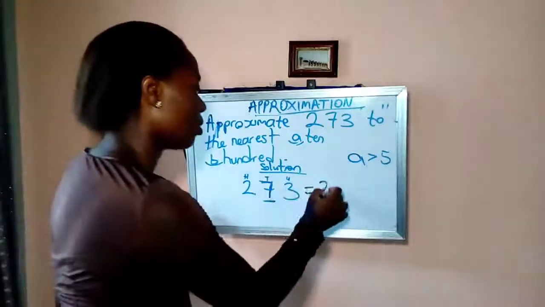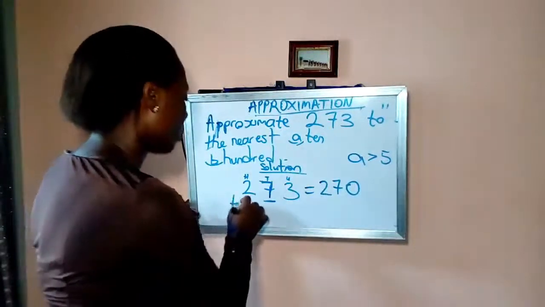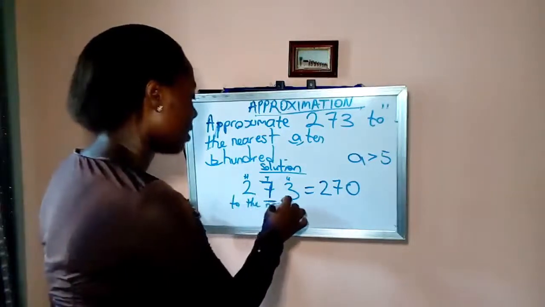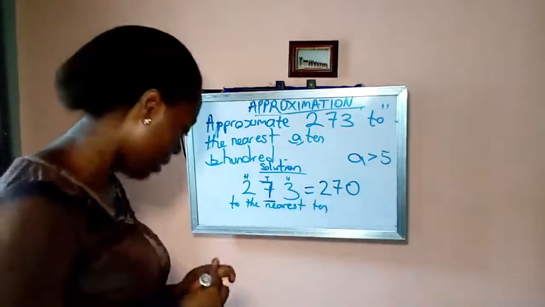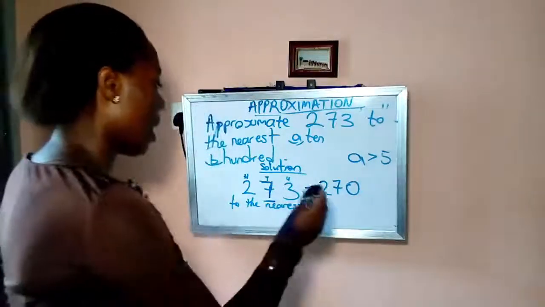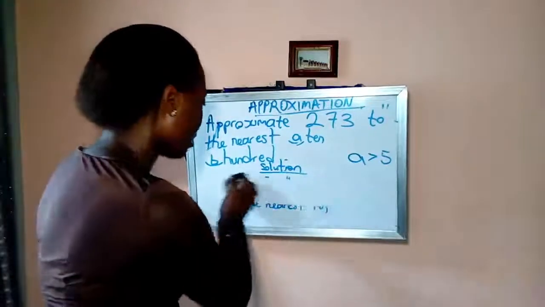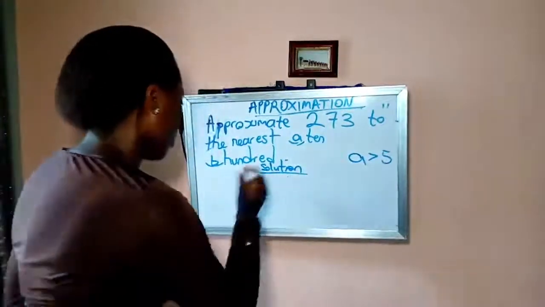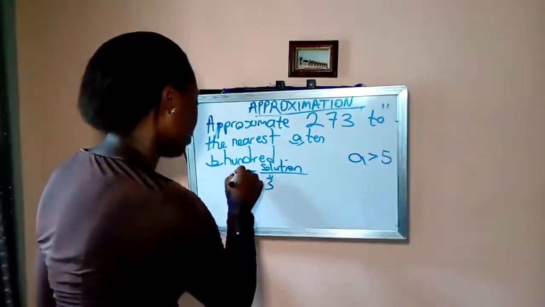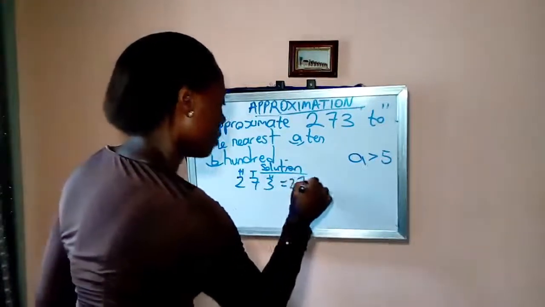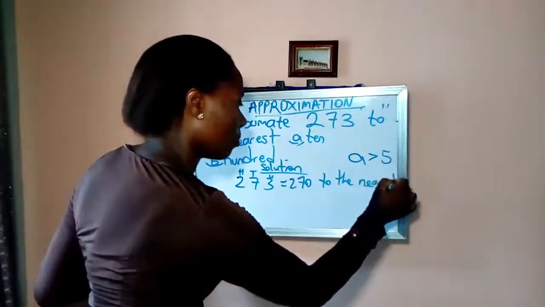We now have 270 to the nearest 10. Round it down to 0 and the 7 remains 7. I'll write this out: 273 gives us 270 to the nearest 10.